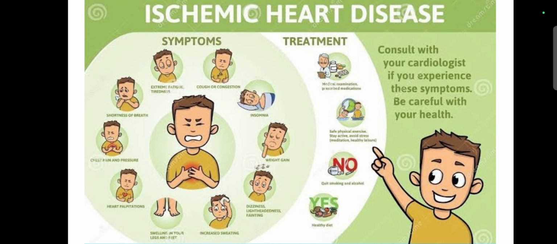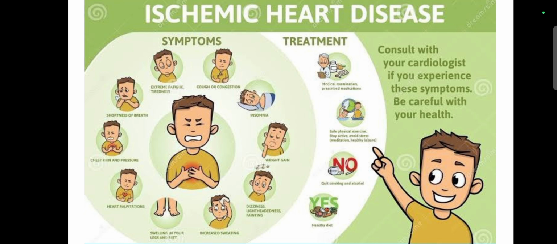He will have continuous cough and congestion in the chest. He will develop insomnia, that is restless nights, weight gain, dizziness, profuse sweating, and heart palpitation can be seen. Chest pain and pressure, and shortness of breath, that is dyspnea, can be felt in that patient.